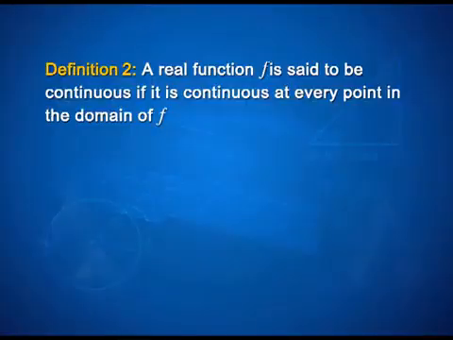We say that a real function f is said to be continuous if it is continuous at every point of the domain of f. We also have a definition for a function to be continuous over its entire domain.